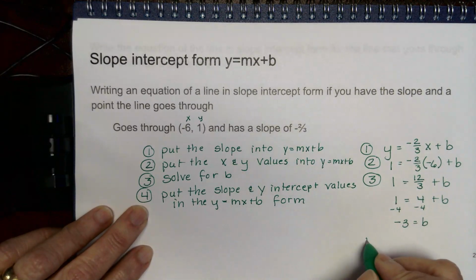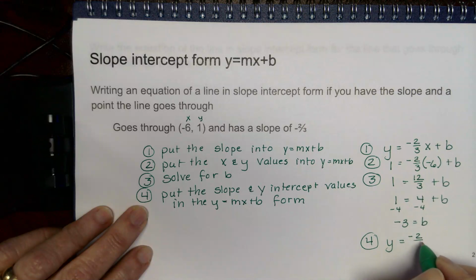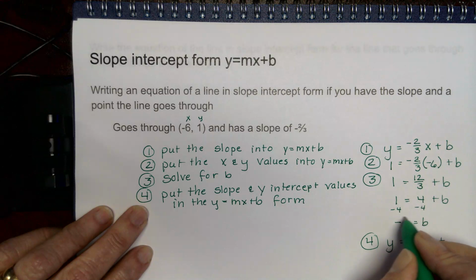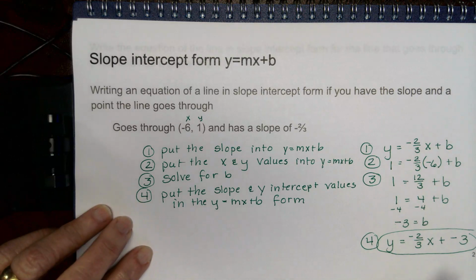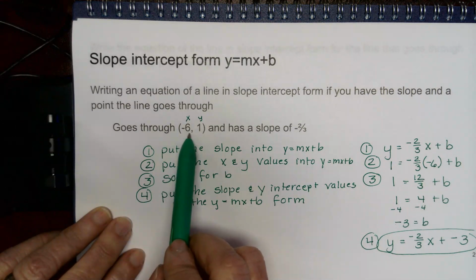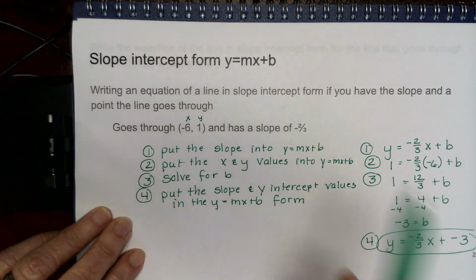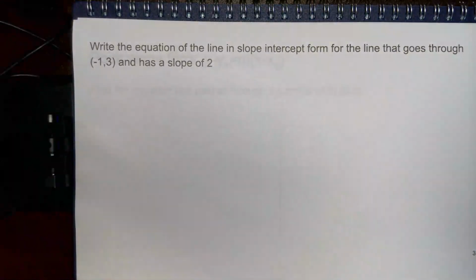In other words, I again put my -2/3 in there for my slope, and then my y-intercept, which I just solved for, is -3. So there's the equation of the line that goes through (-6, 1) and has a slope of -2/3.